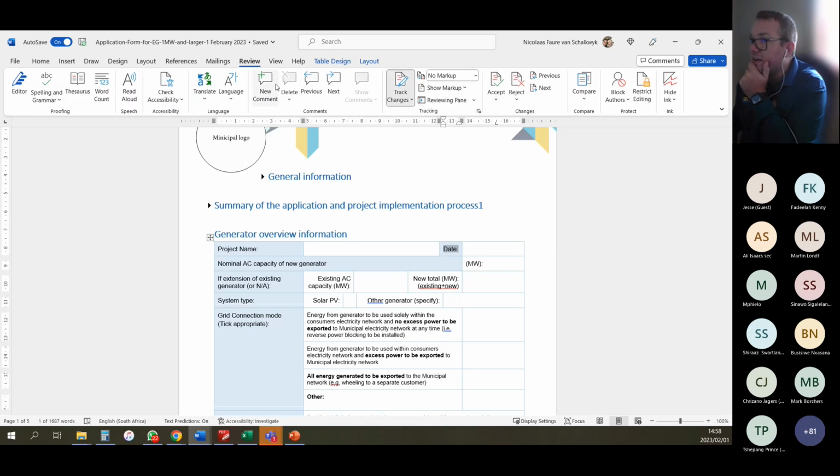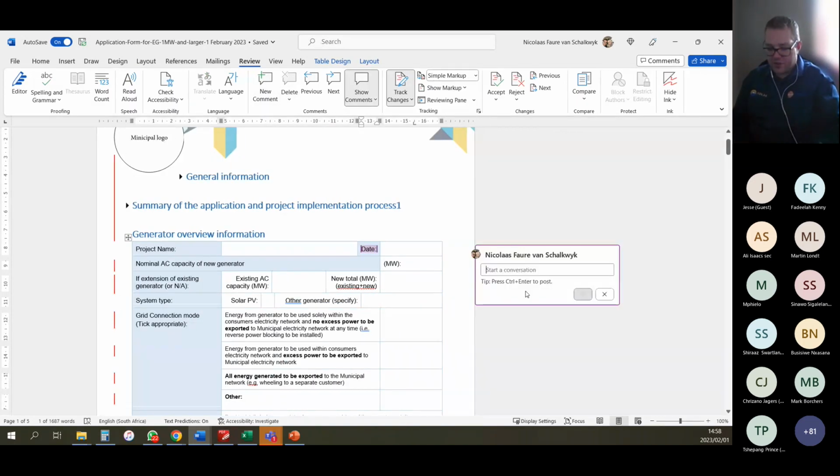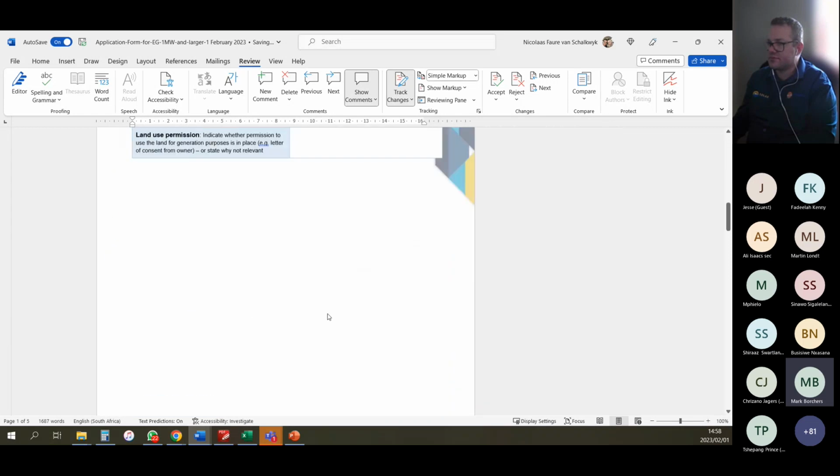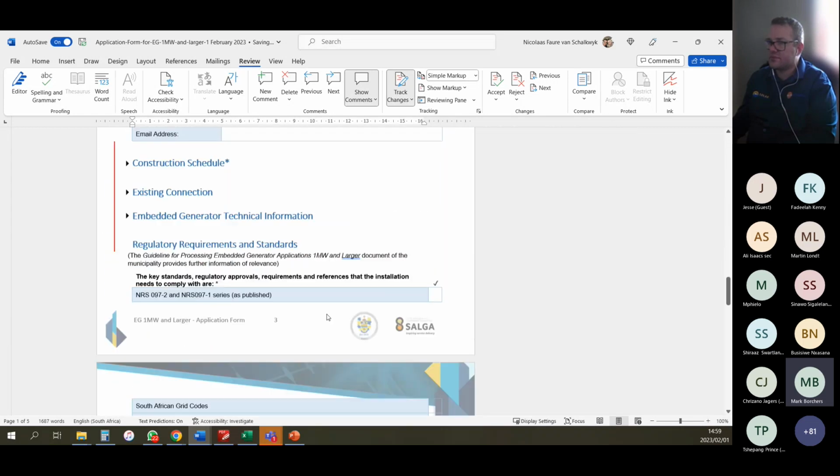Let me quickly make a note there. Application or commissioning date. Mark, you could maybe help me here. Is that just the date of the application, or what was the idea there? That's the date you're filling in the form. What's today's date? Okay. And then the proposed construction and commissioning comes later.